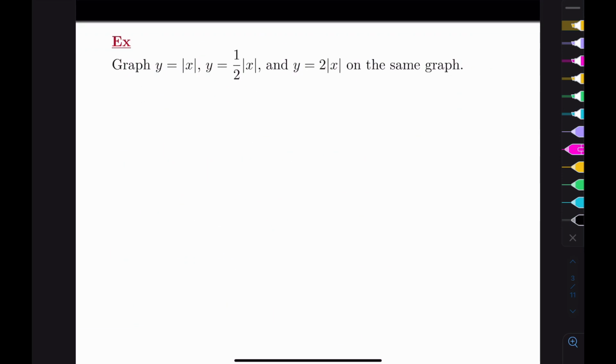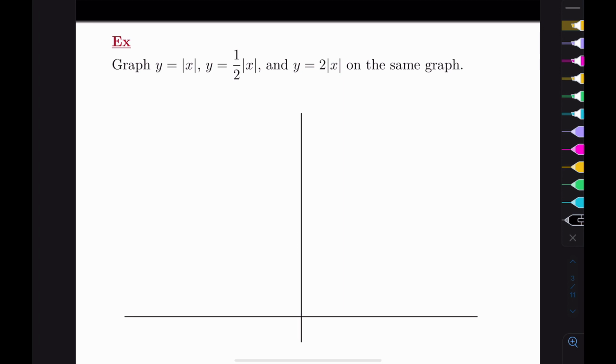So what I want to do is compare two different examples based on where we put that value. For these, we're going to start with our absolute value function, and we're going to graph y equals the absolute value of x, y equals 1/2 the absolute value of x, and y equals 2 times the absolute value of x on the same plot.